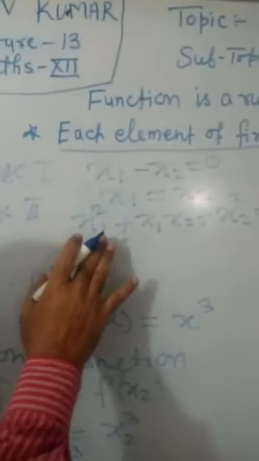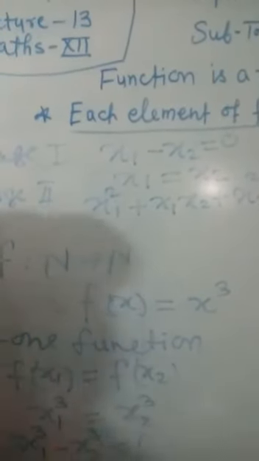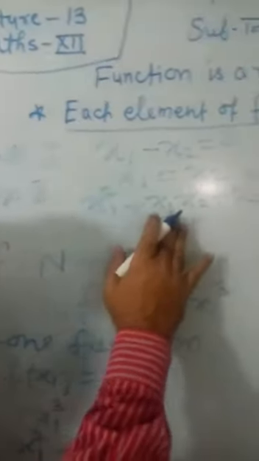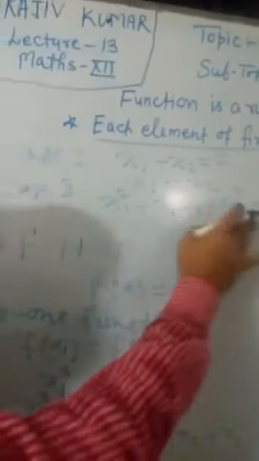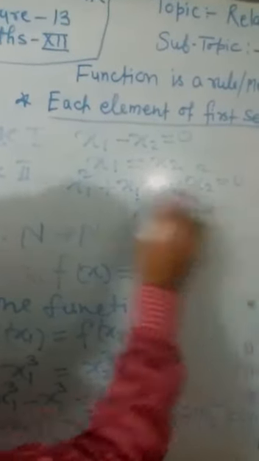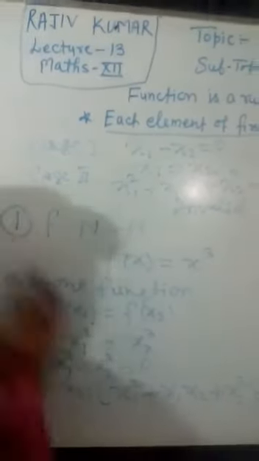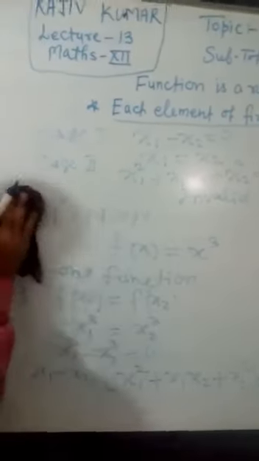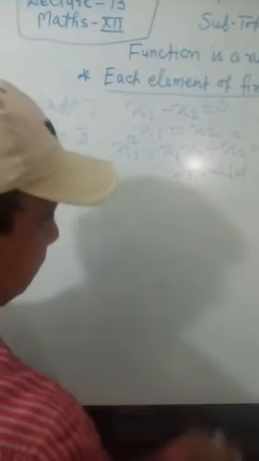This case is not valid, because if you add squares or products of natural numbers, the sum will not be equal to 0. So this case is invalid. So only one case is valid, x1 equal to x2. This is a one-one function.